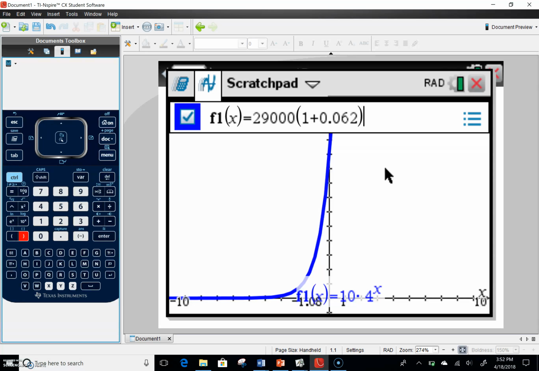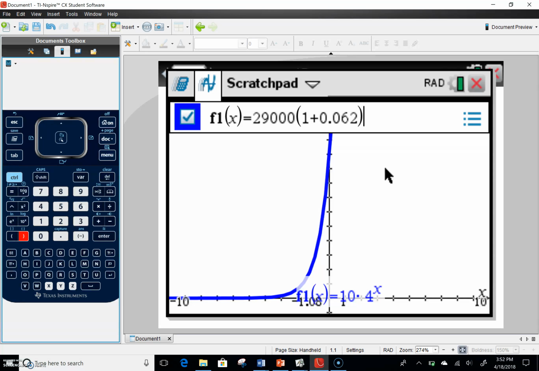Remember, if you don't see anything, you can still go graph trace. Trace, graph trace. Enter. Trace, graph trace. Did I even put the equation on there? Menu, trace, graph trace.